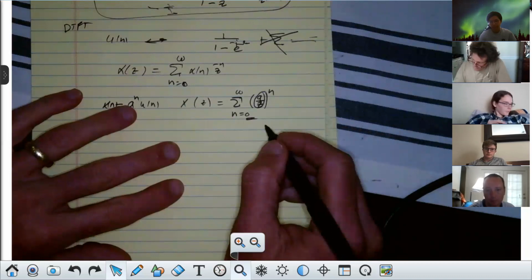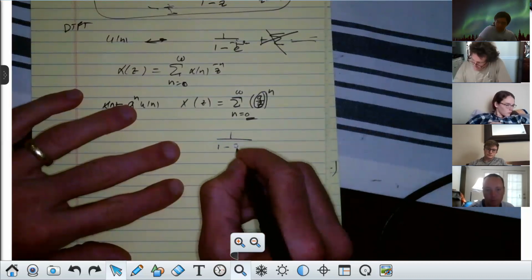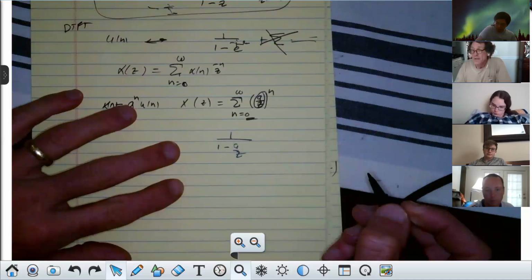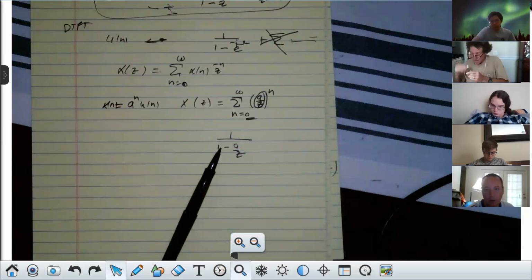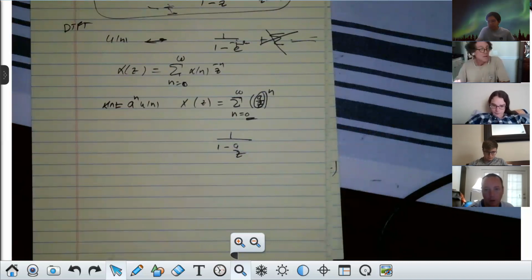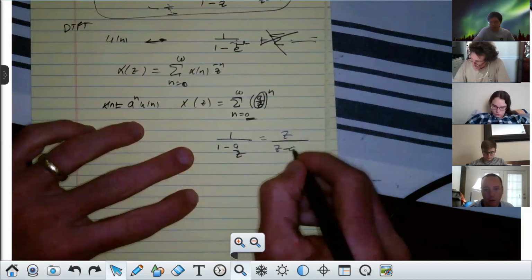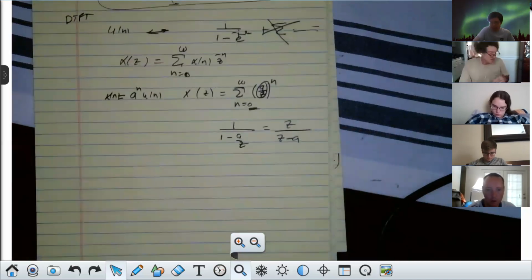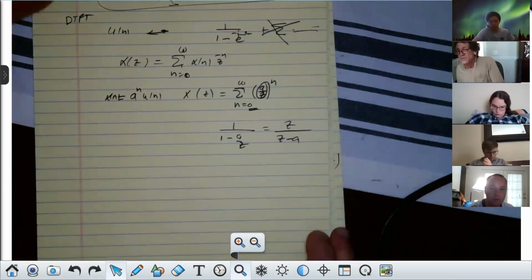And that means you get 1 over 1 minus a over z, correct? And then that means it becomes simply z over z minus a. Now that's the exponential decay, I think of it that way. And that's number 4. And now I've got to talk to you about the region of convergence.